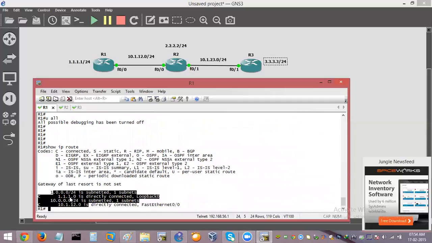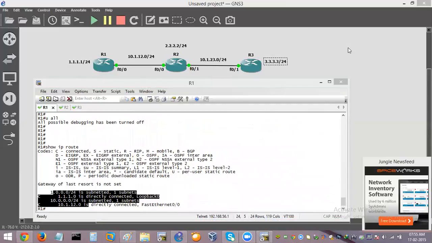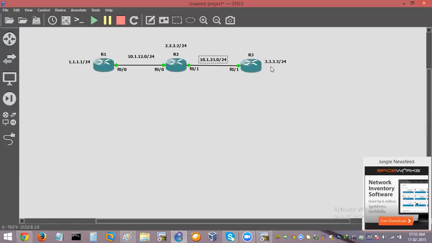Okay, so here we need some type of routing so that these routers can reach the networks which are not only directly connected, but also the networks which are not directly connected. In this topology, R1 should be able to reach 10.1.23.0 and 3.3.3.3 for complete reachability.